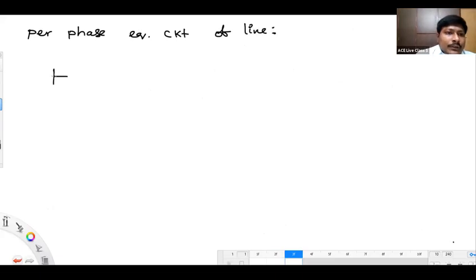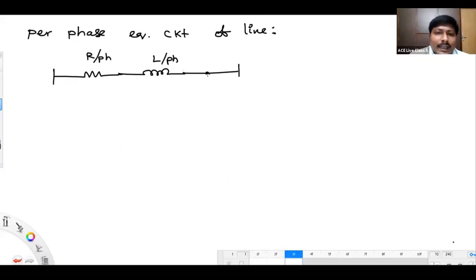It is the resistance of any one of the phase conductors, maybe RA you can consider. It is the inductance of any one of the phase conductors, you can consider it as LA. And this is the capacitance per phase value we have.